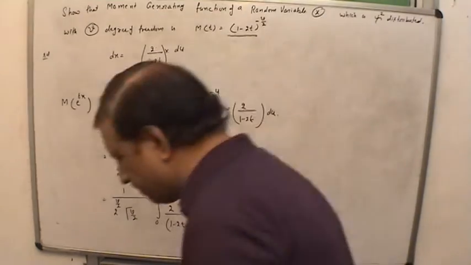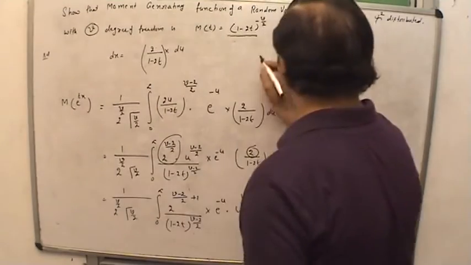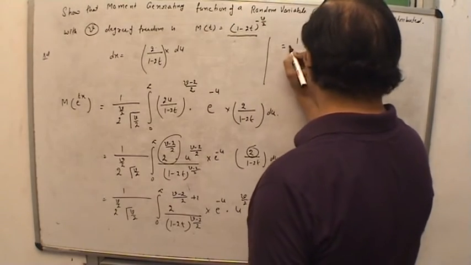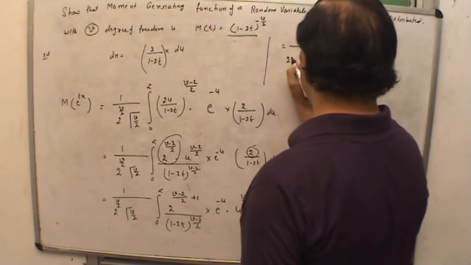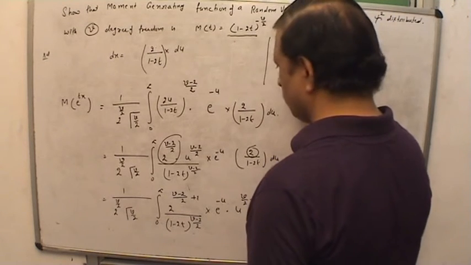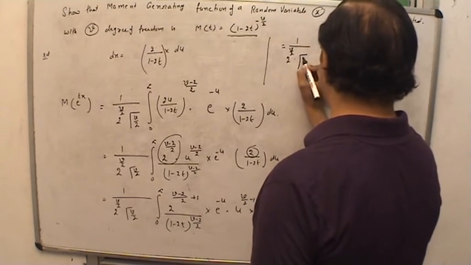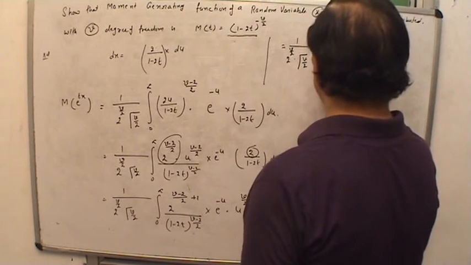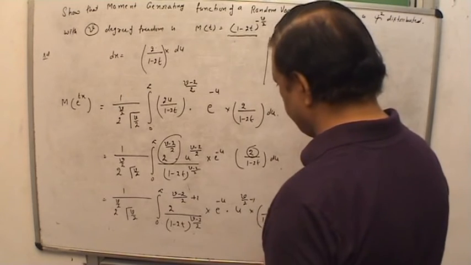Now we compile all the similar factors and the variables. That is equal to, outside same, 1 upon 2 raised to the power v by 2 into gamma function of v by 2, integration from 0 to infinity.